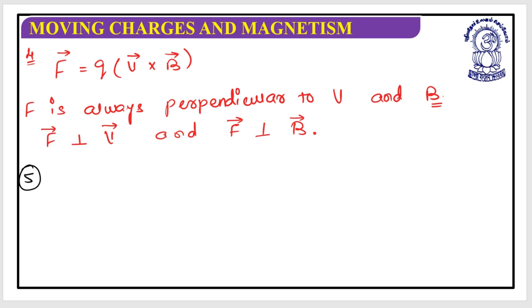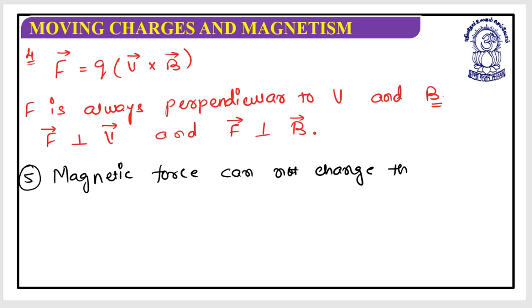If this is the case, that means the magnetic force cannot change the speed of a charged particle.